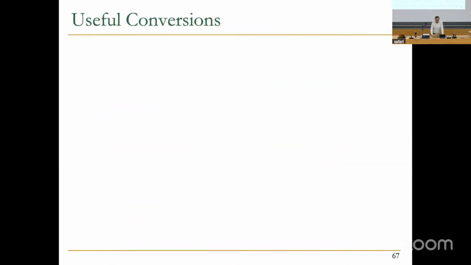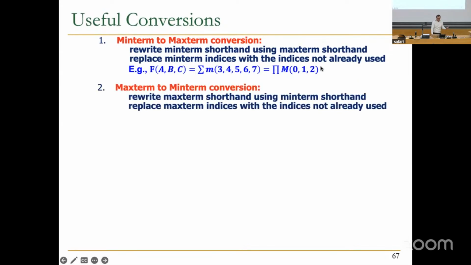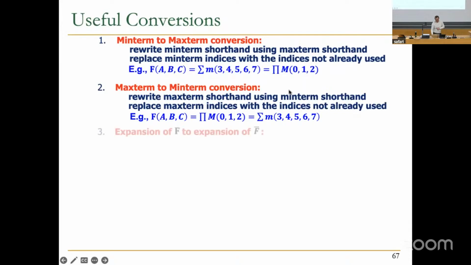Right? Okay, there are some useful conversions. I'll go through these relatively quickly also. I already said this, basically, min term to max term conversion. Basically, rewrite the min term shorthand using the max term shorthand. You basically use the indices that are not already used. You can do the same thing exactly the opposite way also. These are the same functions, basically. These two specify the same functions. These two specify the same functions also. Okay.